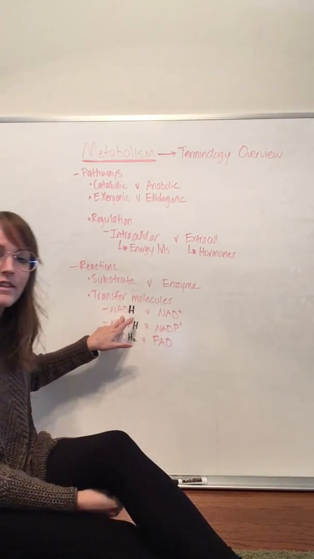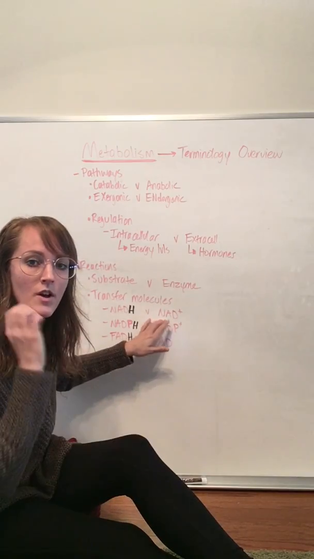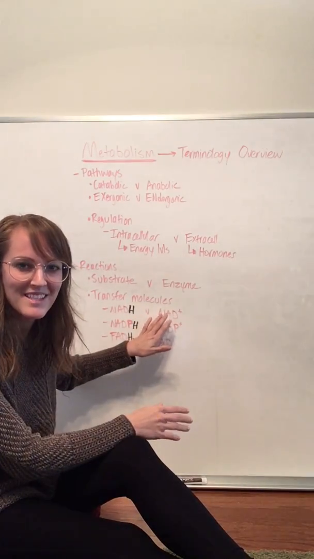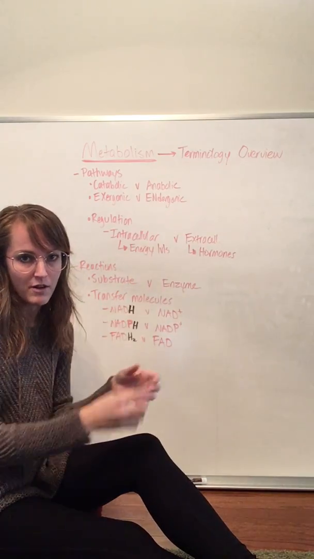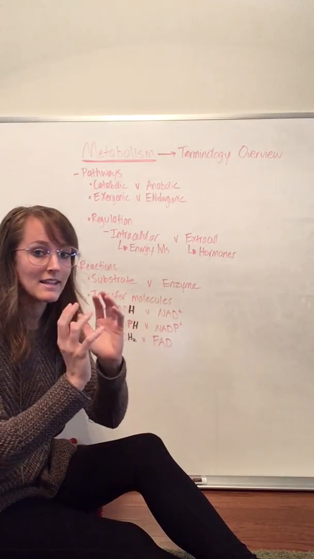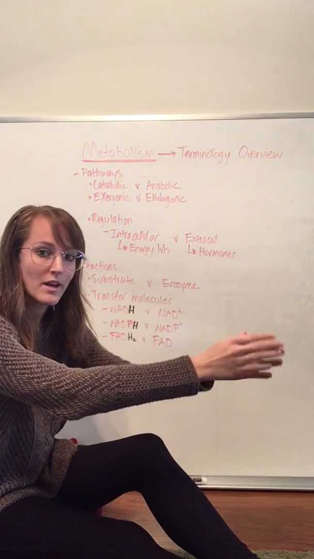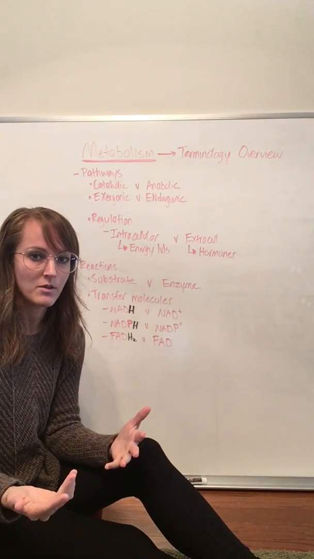So basically, NAD plus can now receive a hydrogen that's being broken down off of our food products. So you go from NAD plus to NADH, and that NADH then is transferred to where it needs to go in the cell to help make the ATP. So that's why they're transfer molecules.